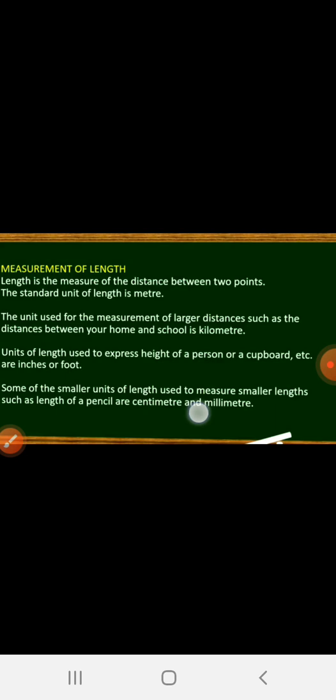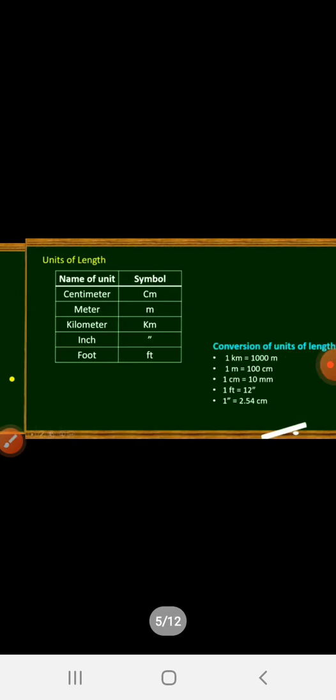And if you want to measure the height of a person or a table or a cupboard, that will be measured in foot or inches. Now, some smaller units of length are also used to measure small lengths. For example, the length of a pencil will be measured in millimeters. So, I hope this is clear to everyone.